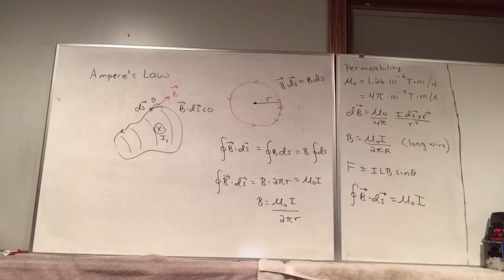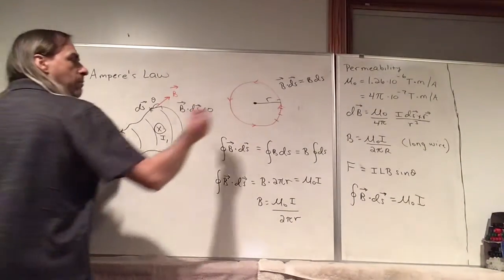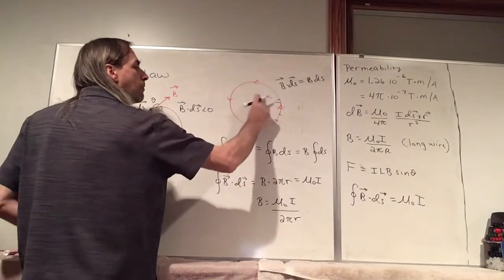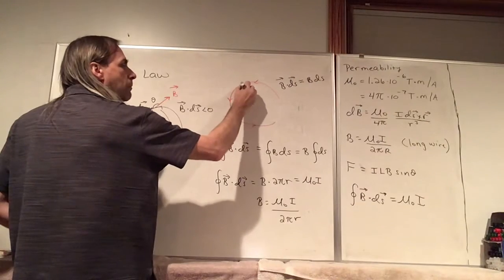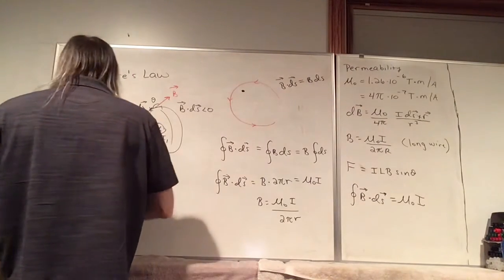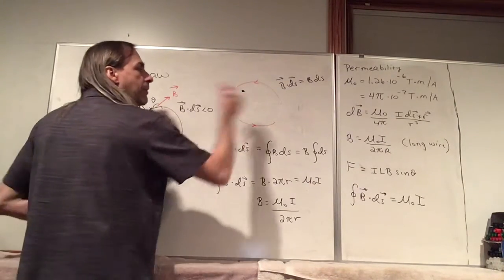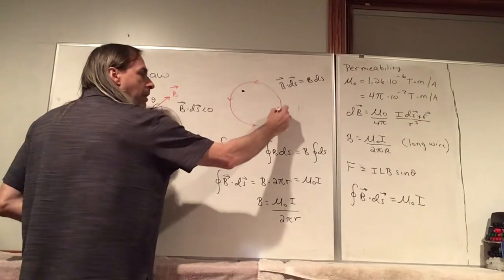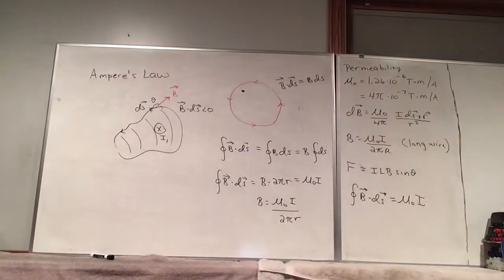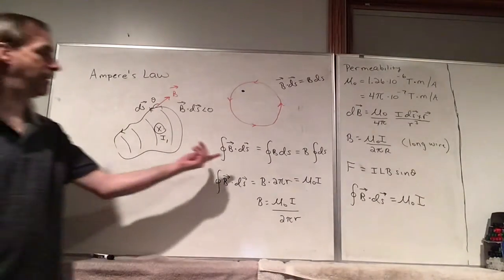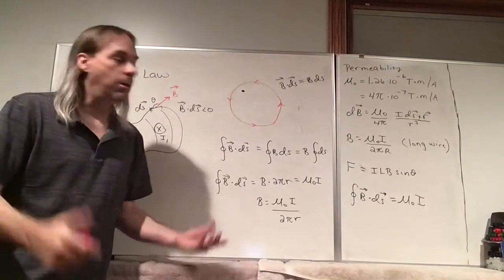However, what's interesting is, what if we move this wire over here? Does that change anything? And the answer is both yes and no. In one sense, it changes a lot. If you're going to evaluate the integral B dot ds, well, good luck with that.